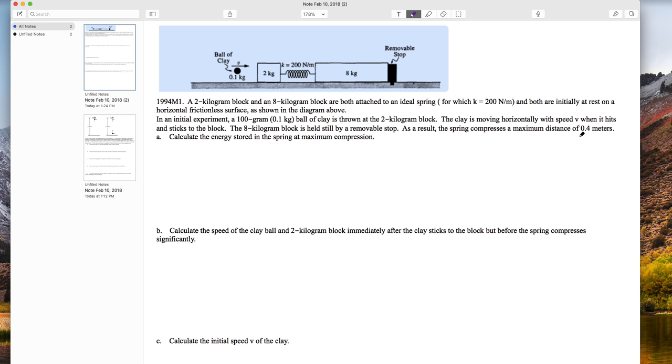So we know the distance is 0.4 meters. We know the spring constant of 200 newtons per meter.